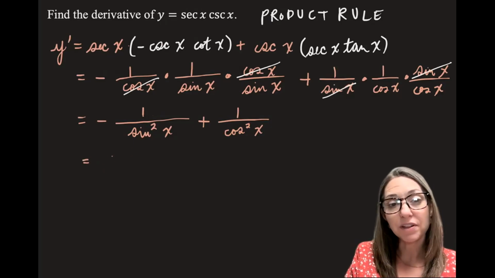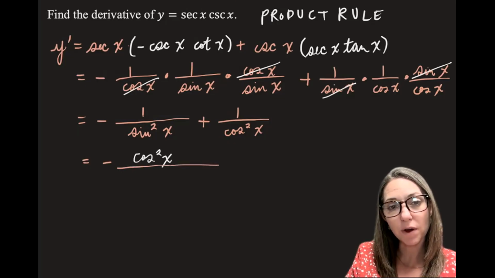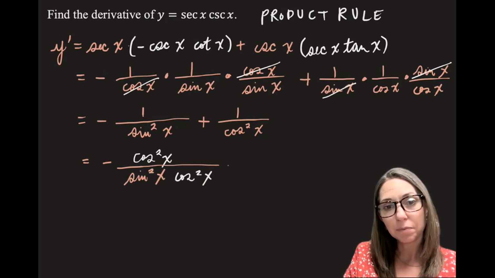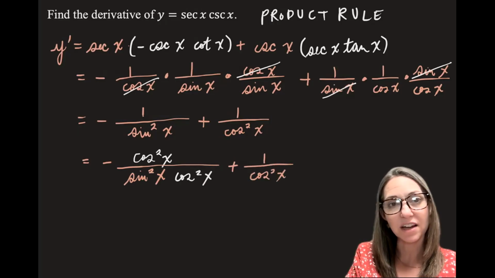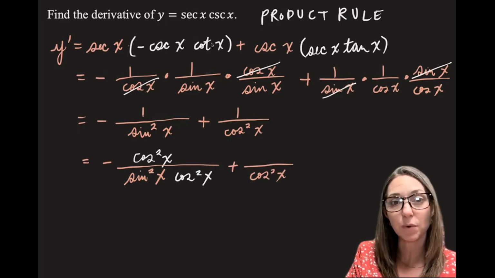So I would need to multiply the first fraction by cosine squared of x over itself. So that'll give me negative cosine squared over sine squared x times cosine squared x plus 1 over cosine squared x. Actually, we're going to multiply that one by sine squared over sine squared.